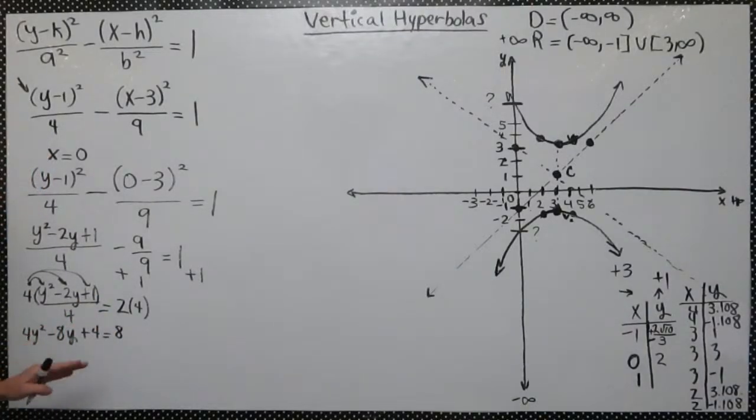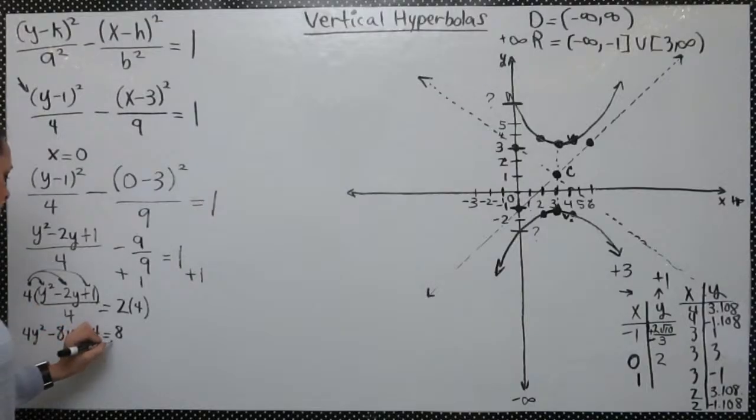Then we're going to move the 8 back over and set this equal to 0, because this is a quadratic, and we can solve it if it's set equal to 0. That's how we're going to find the zeros.